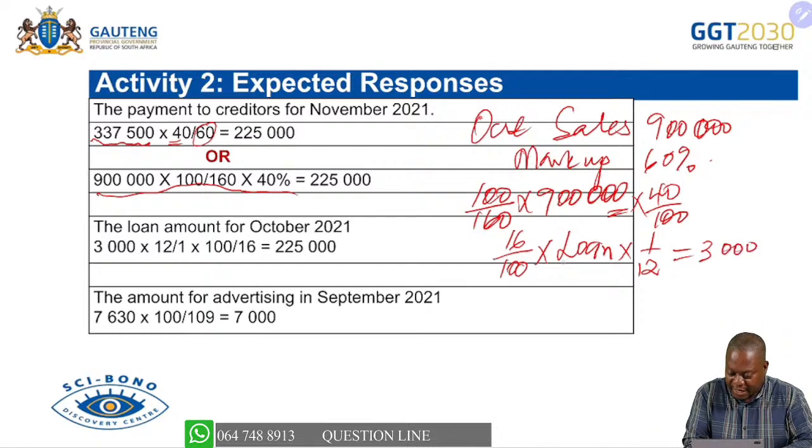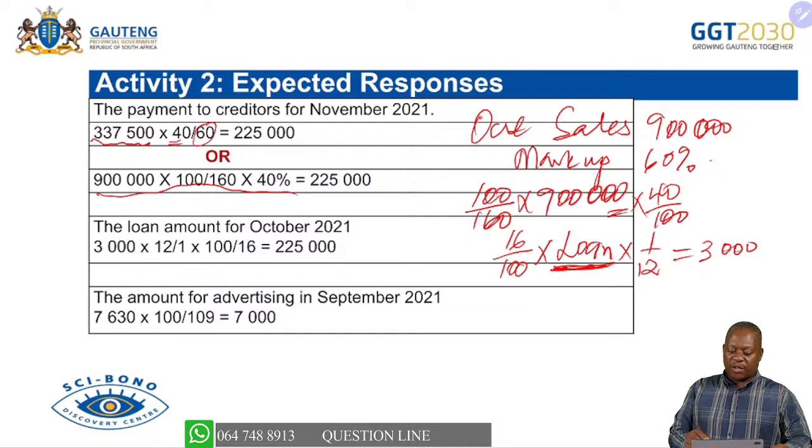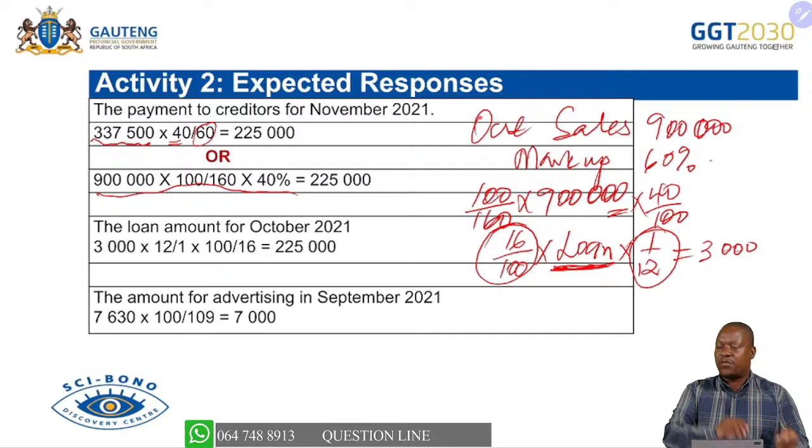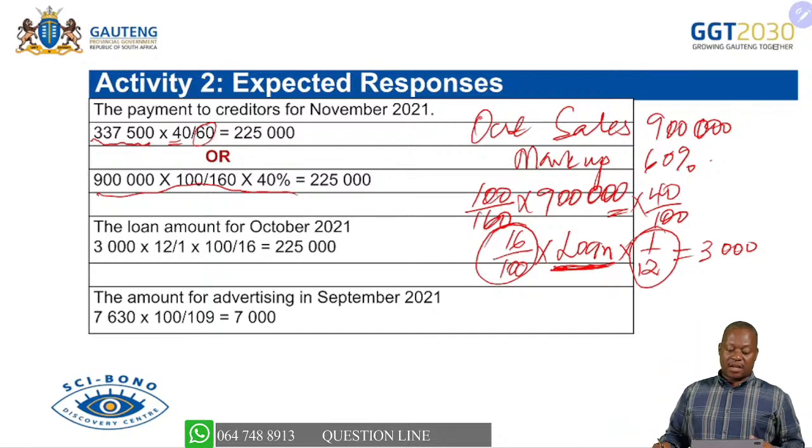So what does that mean? It means the missing amount is the loan. So if we want to find the loan amount, we are going to take 16 over 100 and 1 over 12 onto the other side of the equal sign. They join 3,000.